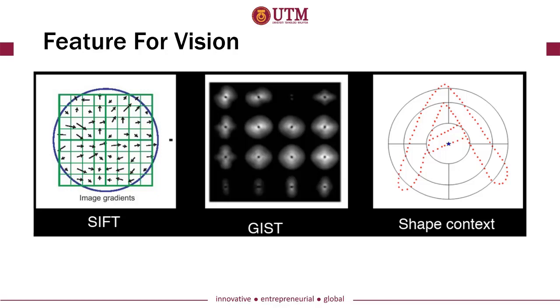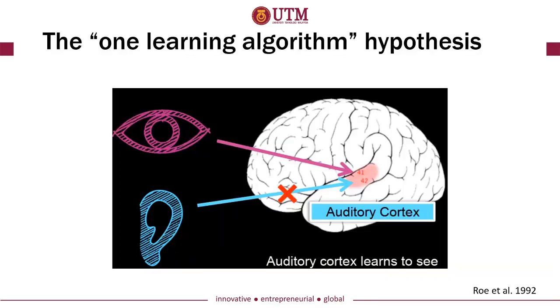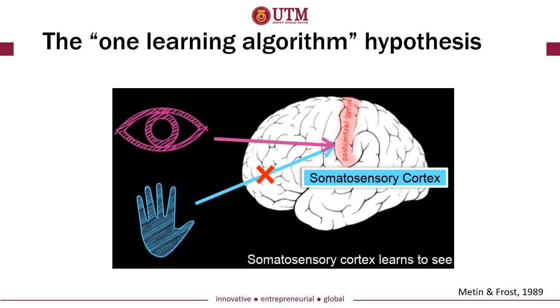Instead of us as humans thinking about what is best for the computer, let the computer decide what is the best pattern to be learned and improved in the learning process. So that is the philosophy behind deep learning, according to this research from neuroscience.